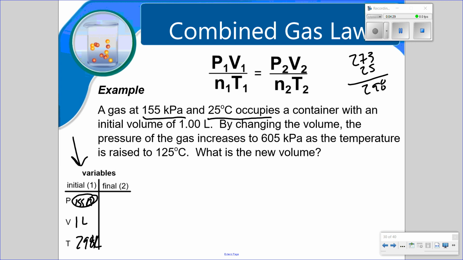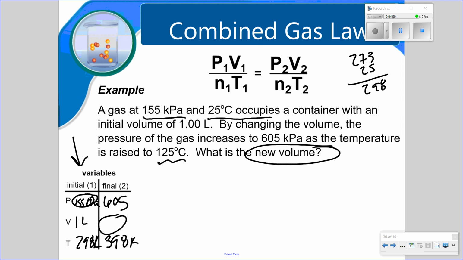I'm going to write all these down here for you. Changing the volume, the pressure of the gas increases to 605 kilopascals as the temperature is raised to 125 degrees Celsius. I'm going to convert that, and I get 398. What is the new volume? That is what I'm looking for, my new volume.